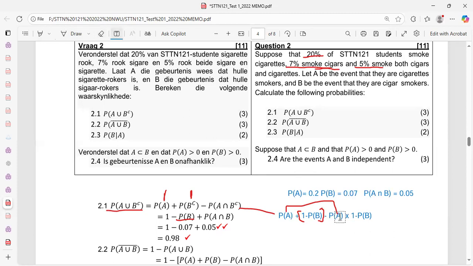I'm sure you guys should get minus A and B. That one, just leave it like that. Minus A and complement B.